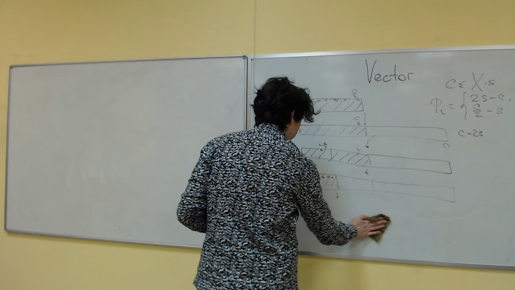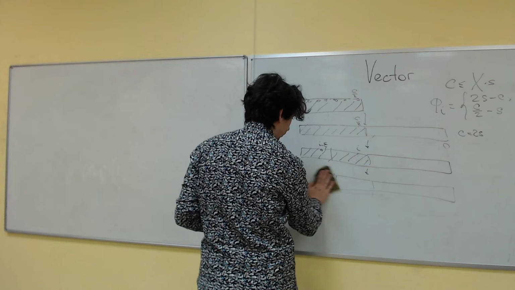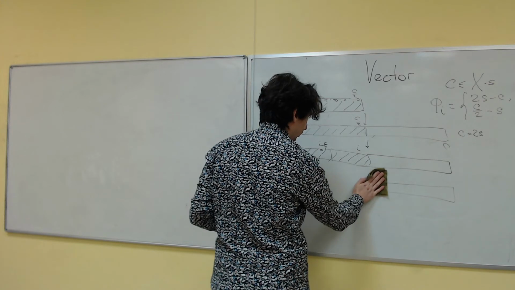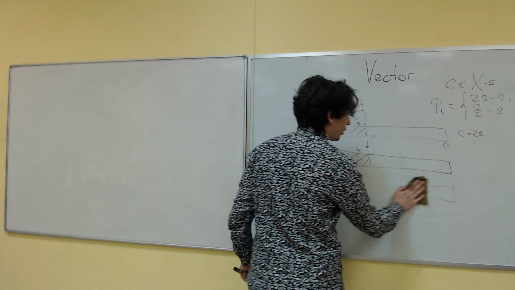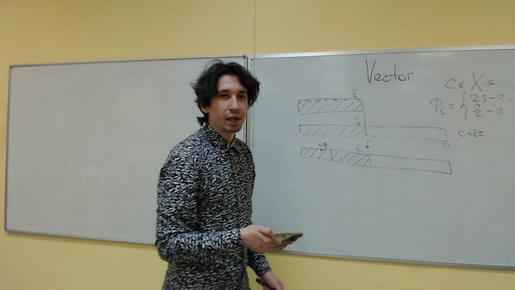Well, in Python I heard that the constant is different. It's not 2, but something like 1.12. Yeah, the constant can be different. That's not a problem.